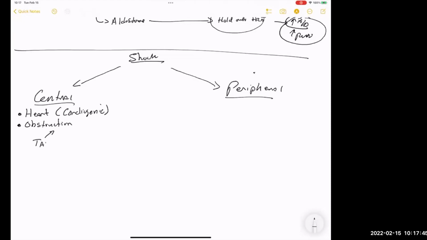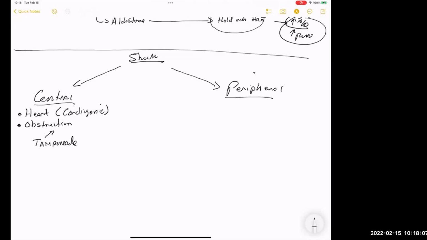Does anyone know what tamponade is? Pericardial tamponade specifically. Does everyone know what that is? Fluid accumulation in the pericardial sac of the heart. Good. So fluid accumulates around the pericardium. Good. All right.